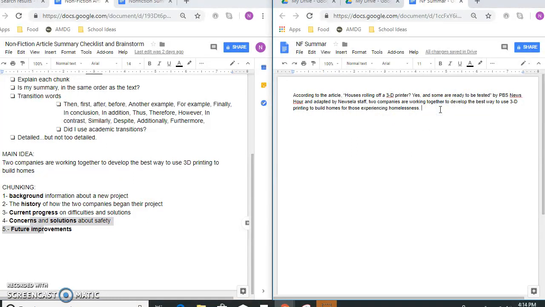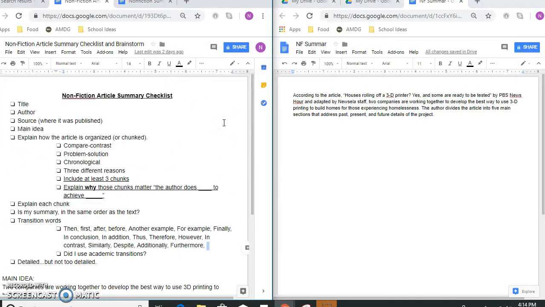So let's see. How can I write this? The author divides the article into 5 main sections that address past, present, and future details of the project.